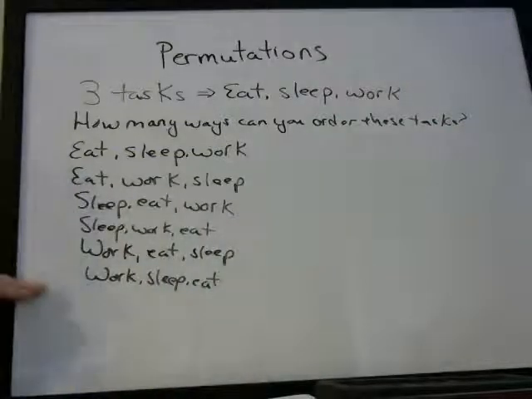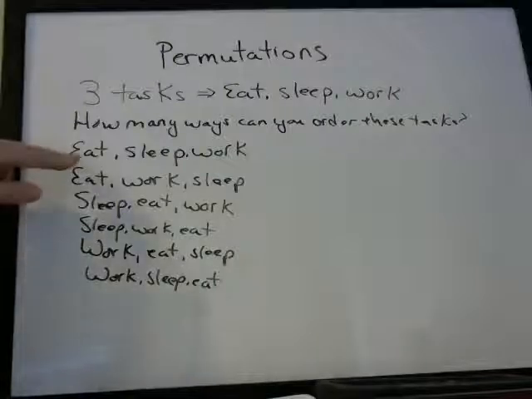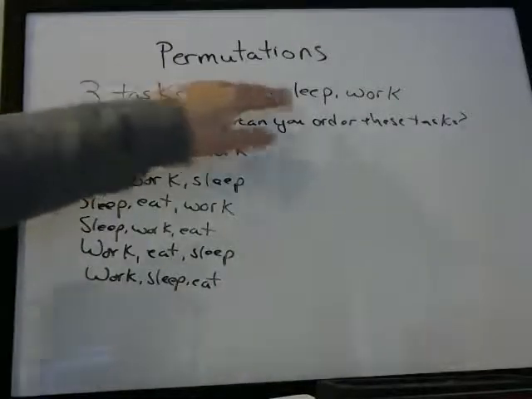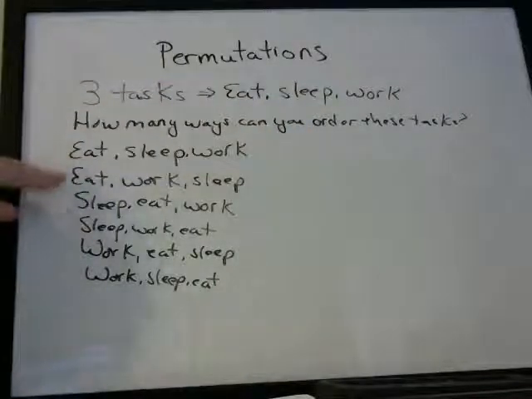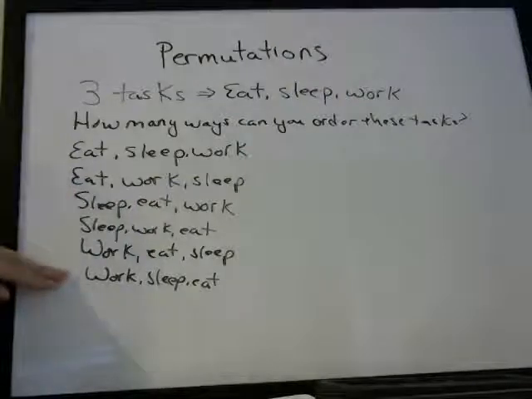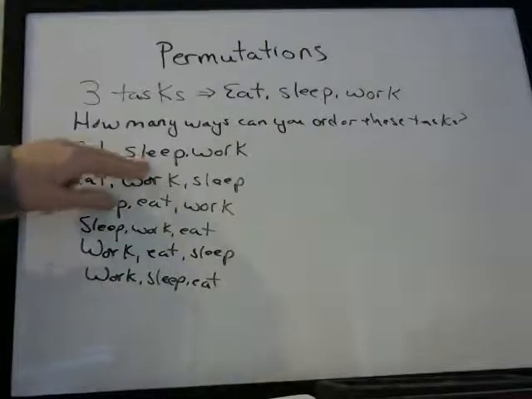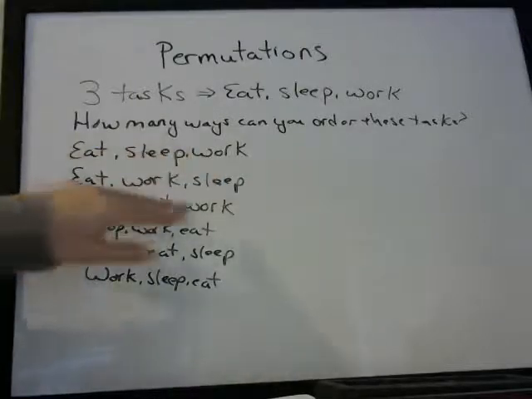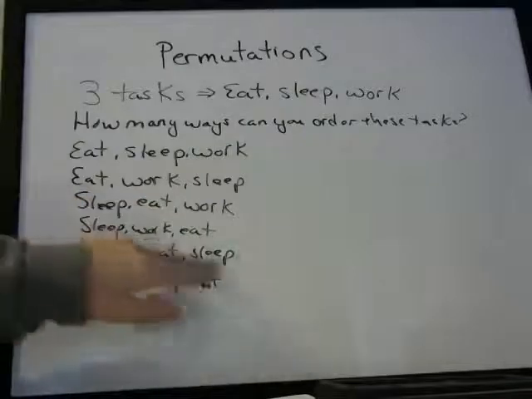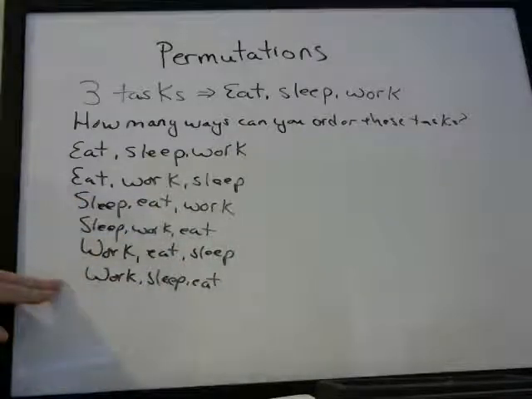And that's an exhaustive list of the order that we can do each of these 3 tasks. 1, 2, 3, 4, 5, 6. There's 6 different ways that we can accomplish these 3 tasks. It just depends which one we want to do first, second, and third.